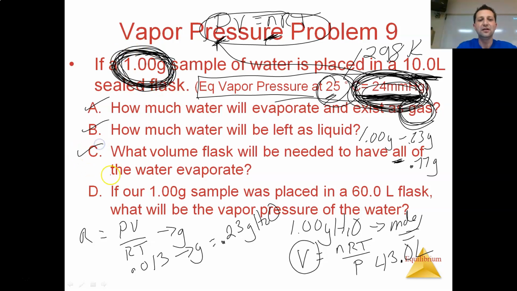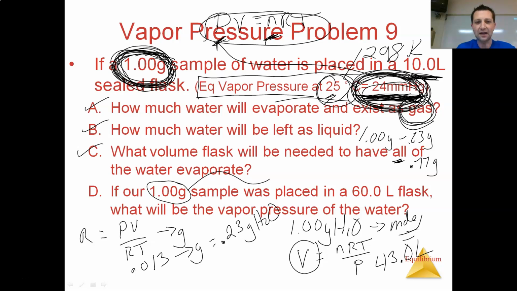Last question, if our 1-gram sample was placed in a 60-liter flask, what will be the vapor pressure of the water? In this case, we're definitely running out of room here. I know how many moles this is, right? I have the moles of water there.